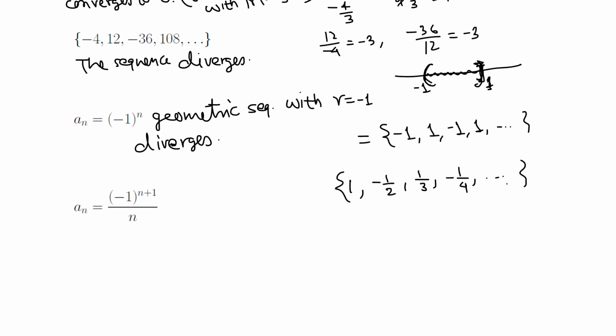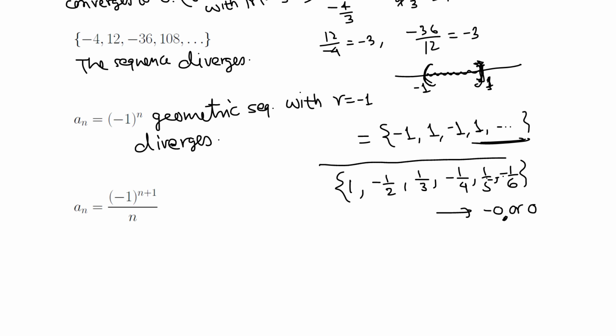When n is really big, they are going to go to either -0 or +0. In the previous one, the numbers go to either -1 or 1, not a finite number, so that sequence diverges. Here the numbers are 1/5, -1/6, smaller and smaller in magnitude, but plus minus, so they go to either -0 or 0. But -0 or 0, same thing. That means this sequence converges to 0.